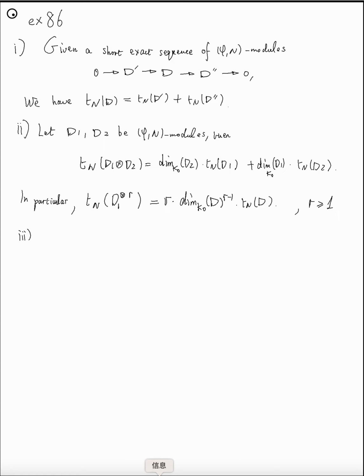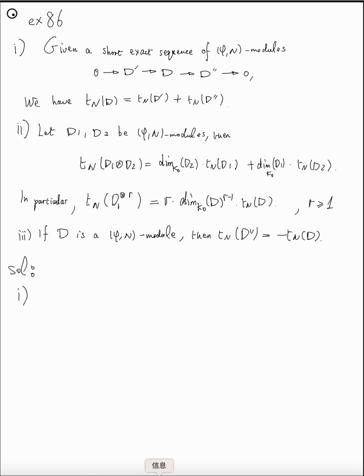Thirdly, if D is a Fourier module, then the Newton number of its dual equals minus the Newton number of D. Solution.